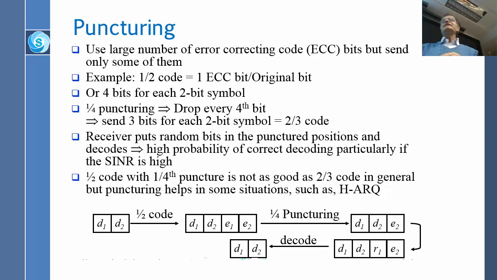Yeah. Is it always E1 that's dropped? No. I mean, that's another math, and I'm not going to go to that one. So puncturing is not just like that, right? Because the receiver has to know what has been punctured out. So there will be some kind of communication that, okay, I have punctured out the fourth bit, or third bit, or whatever, so that they put it in the right place. Yeah. And also, I think that it increases the data rate.